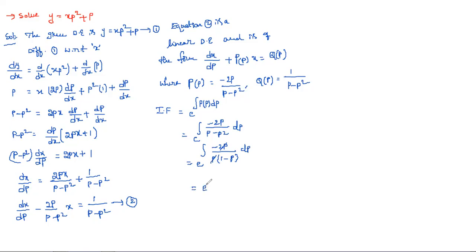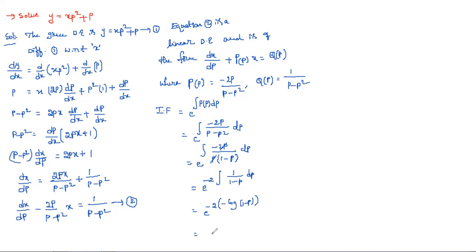So this is equal to e power, minus 2 is a constant, simply you can write outside the integral 1 by 1 minus p dp. So this is equal to e power minus 2 into the integration of 1 by 1 minus p, which is nothing but minus log of 1 minus p. So this is the integration one.